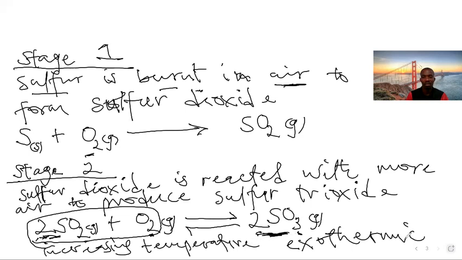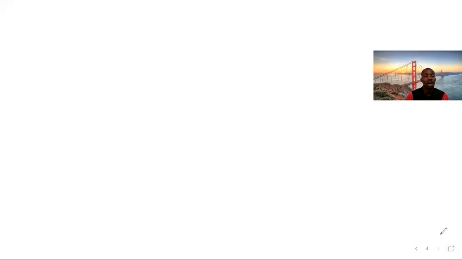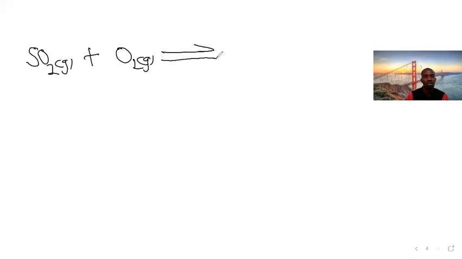The shocking thing is that even at this temperature, I mean this reaction, we have to increase temperature for 2 reasons. So let's write the equation again. Sulfur dioxide plus oxygen gas reversibly giving us sulfur trioxide gas at this stage.